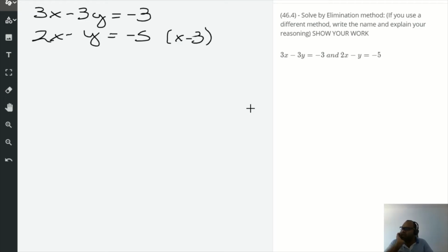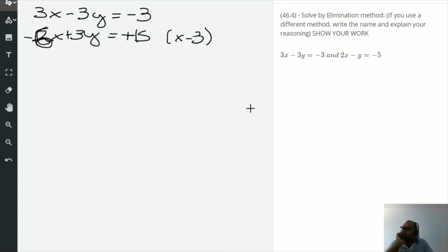And by negative 3. 2x times negative 3 is negative 6x. Negative 3 times negative y is positive 3y. Negative 3 times negative 5 is positive 15.